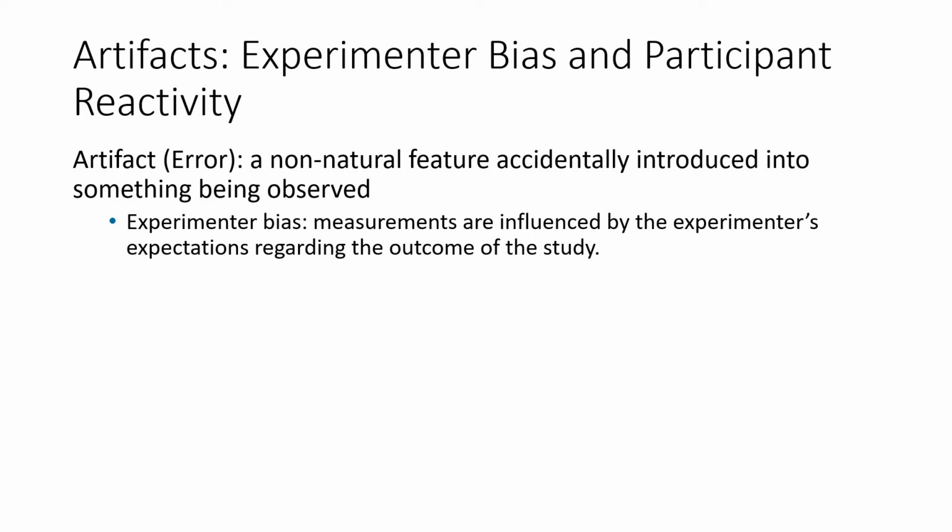One of the biggest forms of this can be experimenter bias. This is where the experimenter's expectations of what is going to happen in a study affect the outcome of the study. This is why I couldn't tell the Confederates in my study what I was measuring, because if I told them, it could change their behavior.